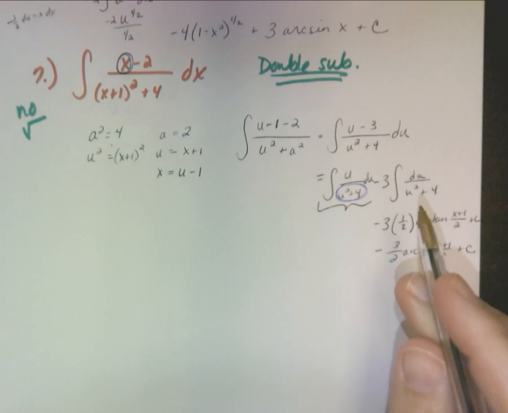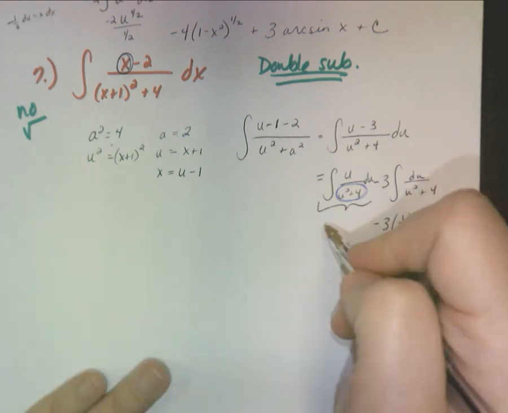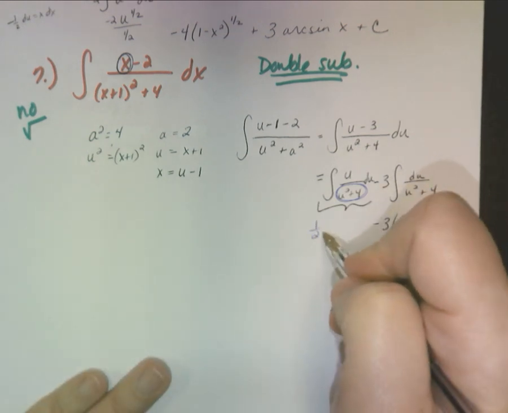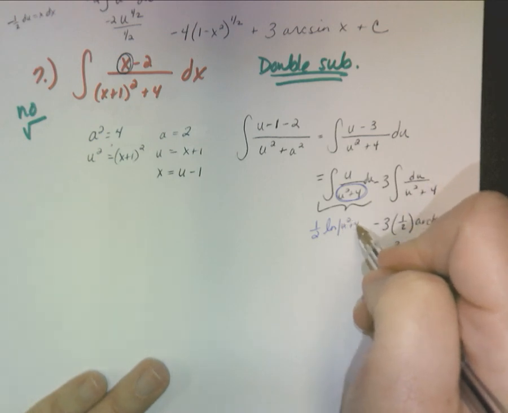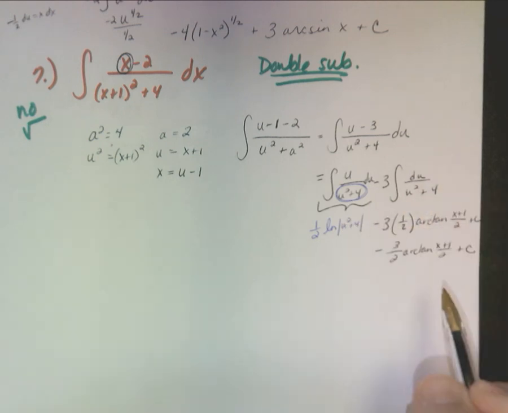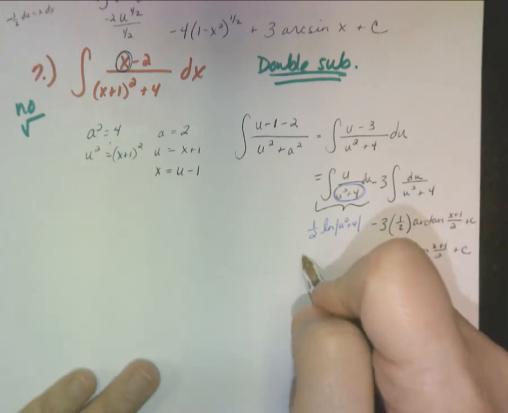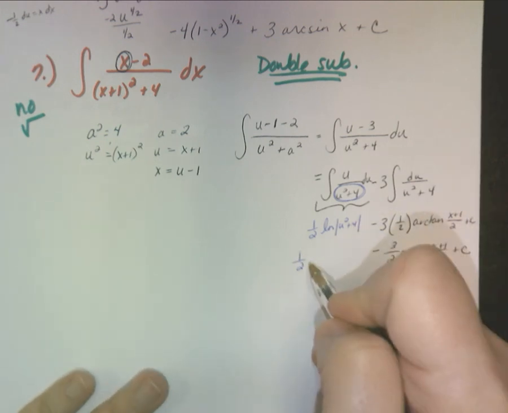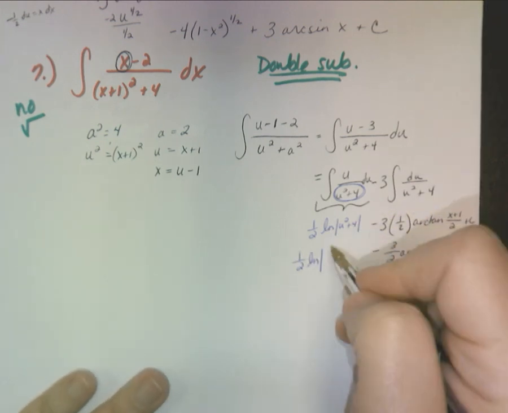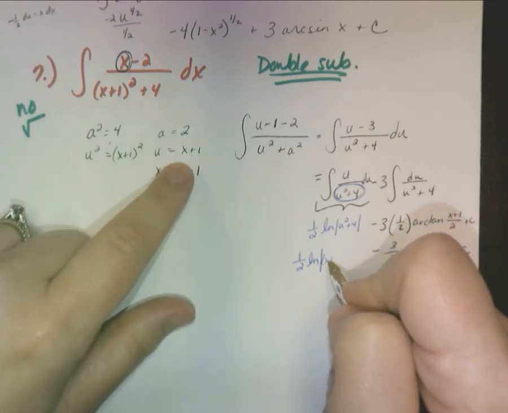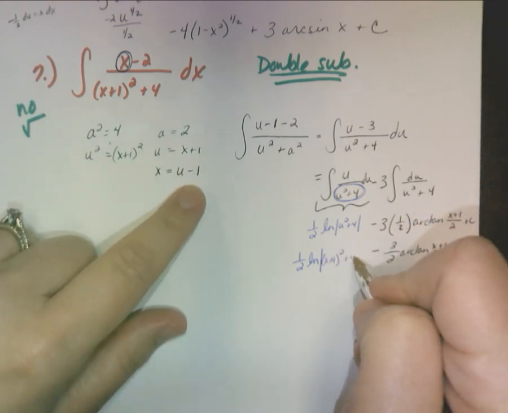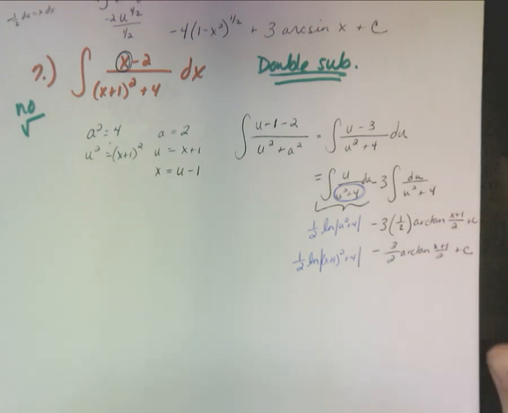You would actually then divide out the 2, you'd get 1/2 the ln of that u squared plus 4, and then put plus c, which is 1/2 ln of, what's my u? x plus 1 squared plus 4.